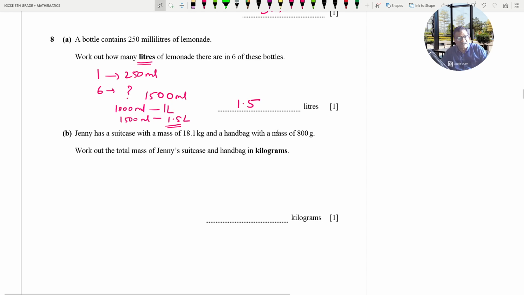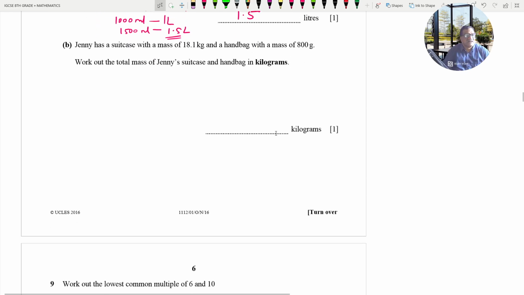Part B of the question is: Jenny has a suitcase with a mass of 18.1 kg and a handbag with a mass of 800 grams. Work out the total mass of Jenny's suitcase and handbag in kilograms. So 18.1 kg and this is 800 grams. I'm going to convert 800 grams into kg. You know that 1000 grams is 1 kg.